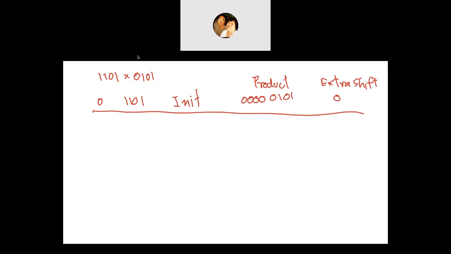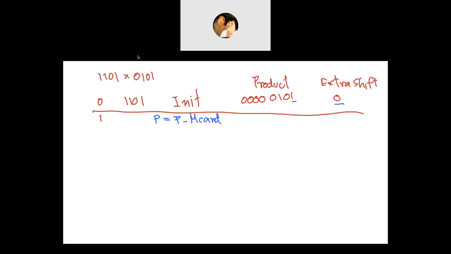So next, in step 1, we have to look at the product 0 and the extra shift. Now there are 1, 0. So what are we going to do here? We update the product by subtracting the multiplicand from it.